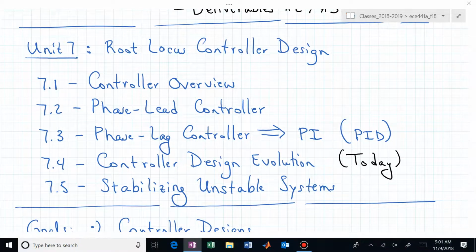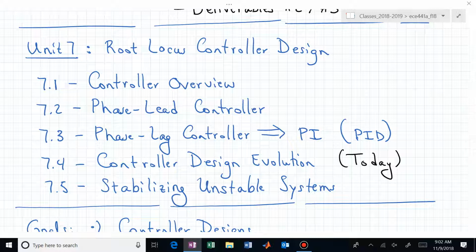Here's a listing of the material, lecture topics in unit number 7, and all of those have not been in person. Maybe, I don't know how close you're paying attention, but we've now done 1, controller overview, and 2, a phase lead controller design.